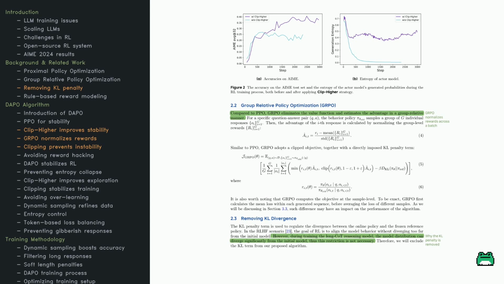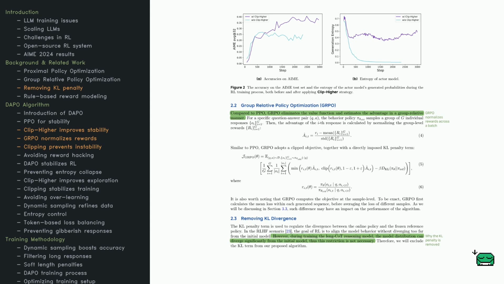Another focal point is how the model estimates advantage, how much better one decision is compared to another. Standard methods rely on a value function, but group relative policy optimization, GRPO, is different. Instead of assigning absolute scores, it compares responses within each training batch and normalizes them, guiding the model based on relative quality. This keeps training consistent and adaptable.